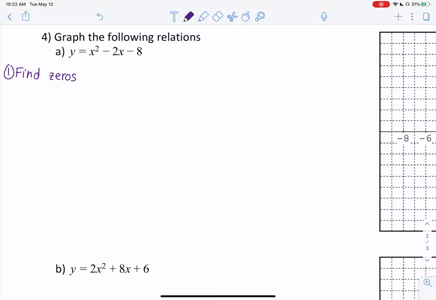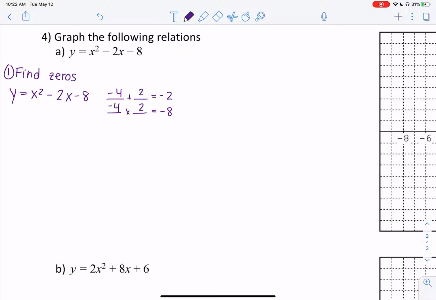So we do that by factoring this thing. So we need two numbers that add to -2 and multiply to -8. So -4 and 2.